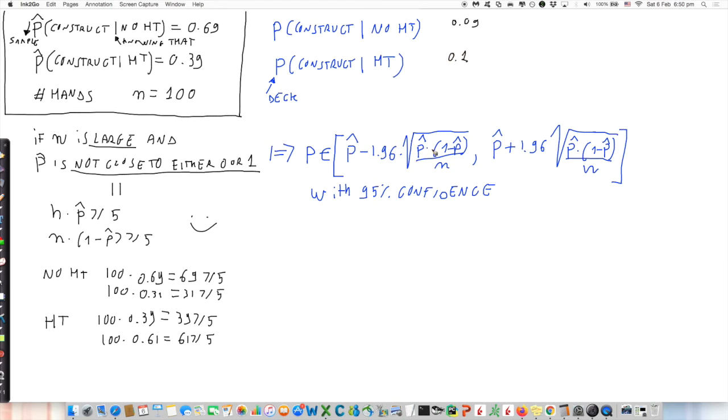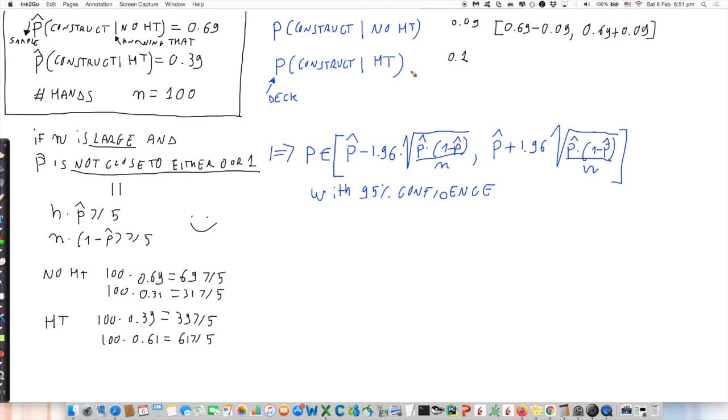So what does it mean? It means that for construct with no hand trap, the range is actually 0.69 minus 0.09 to 0.69 plus 0.09.